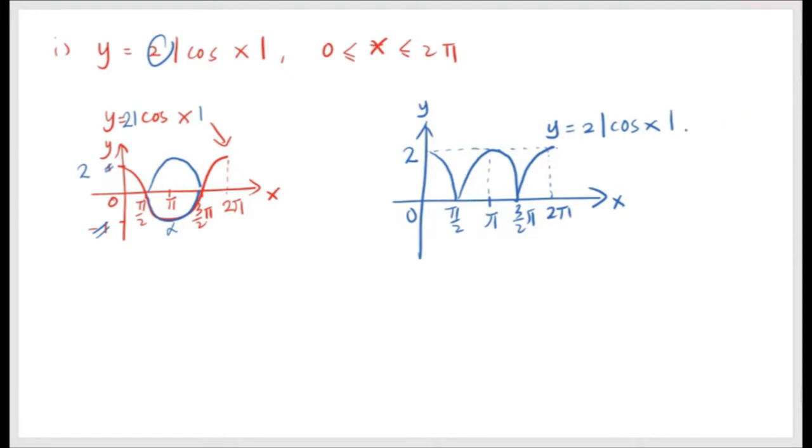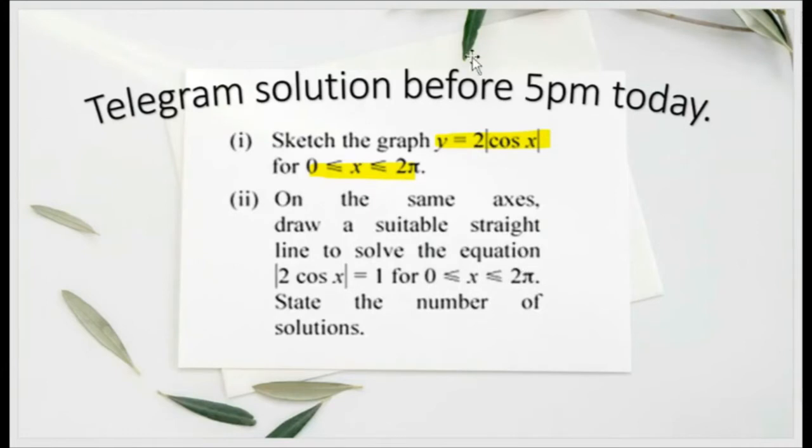Then the second part. On the same axis, it means the same graph. You don't draw on another graph. Draw a suitable straight line to solve the equation 2 cos x modulus equal to 1 in the same range. We want to state the number of solutions.